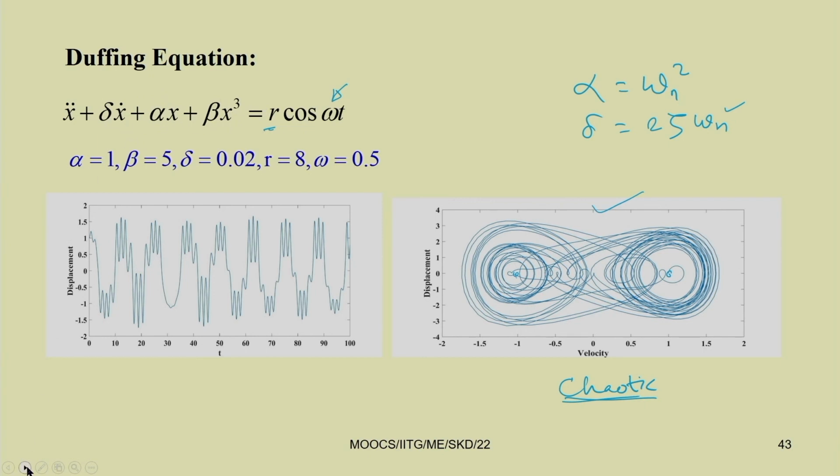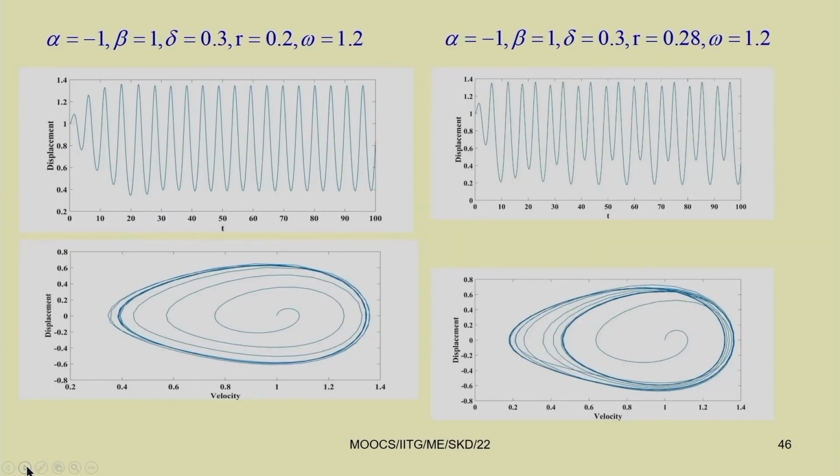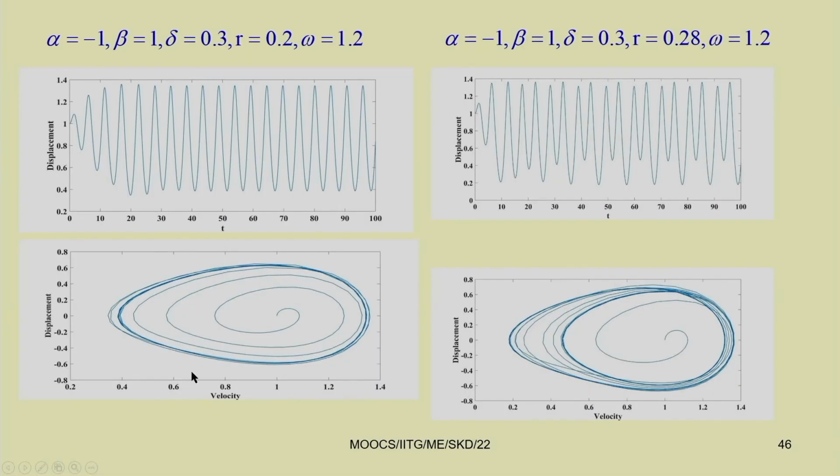As the stiffness term is negative, generally the response should have been unstable, but due to the presence of the cubic nonlinear term, one can get a periodic response. Already I told you, this contains both transient and steady state, that is why you are getting all these things. But if you plot only the steady state part, you can have only a closed curve and clearly visualize the response.